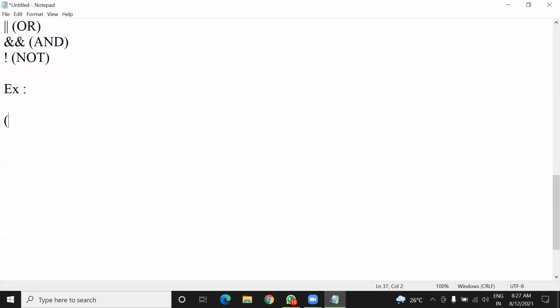So here I'm going to take three relational expressions. 45 greater than or equal to 12, OR, there should be no space.